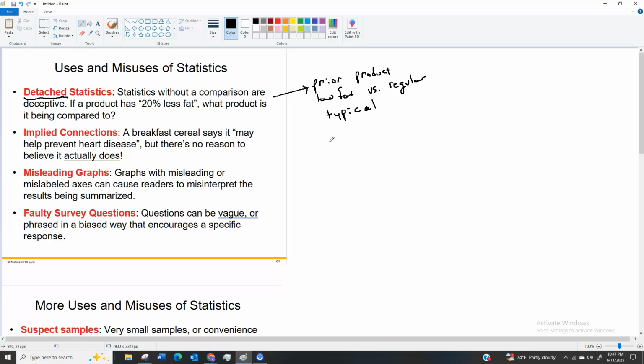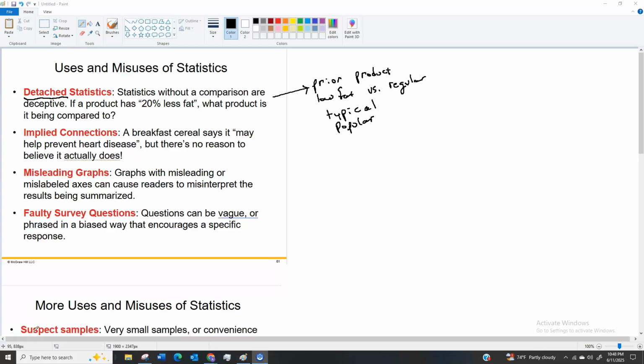So, let's say it's 2 types of cereal. Are we comparing the current cereal to the most popular cereal? And so if you don't say what it's being compared to, then 20% doesn't mean anything. 20% of what? You can't calculate that. And so that's called detached statistics because it's not attached to the data or the information that you need.